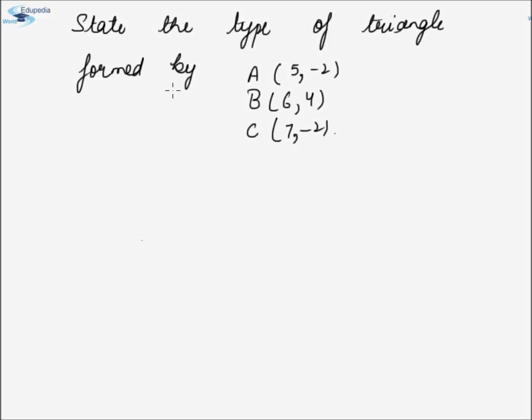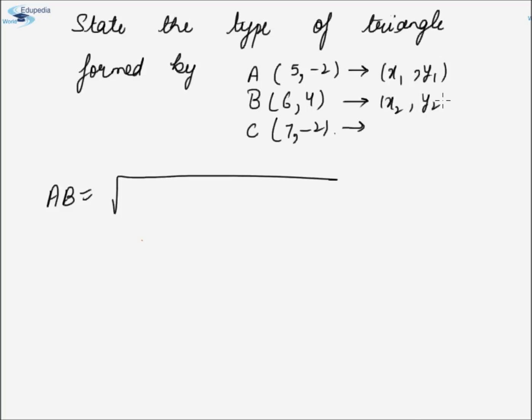Now the other question says, state the type of triangle formed by the given vertices ABC. So to know the type of triangle formed, let us first apply the distance formula between the different vertices. AB can be calculated as, if we denote all the 3 points as x1, y1, x2, y2 and x3, y3, then AB will be x2 minus x1 whole square plus y2 minus y1 whole square.